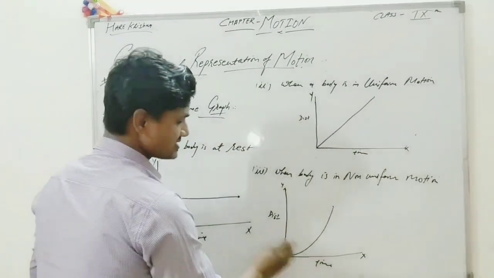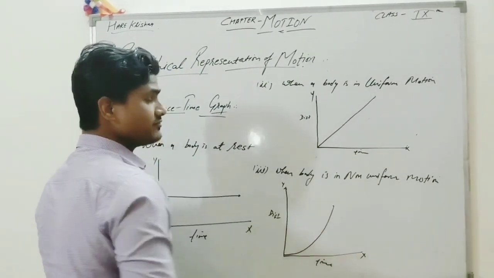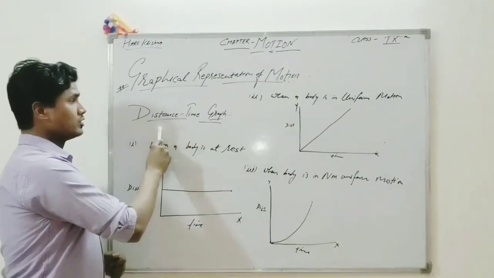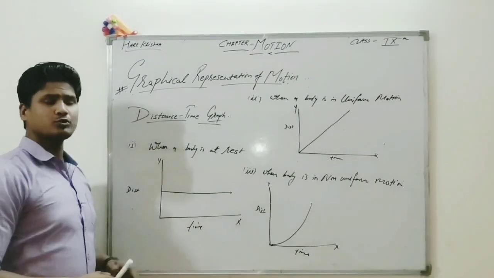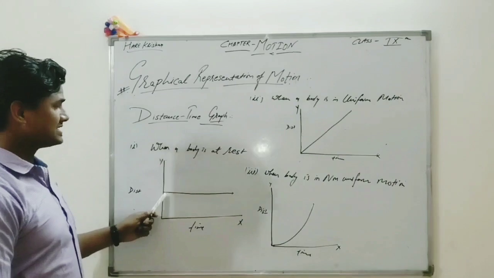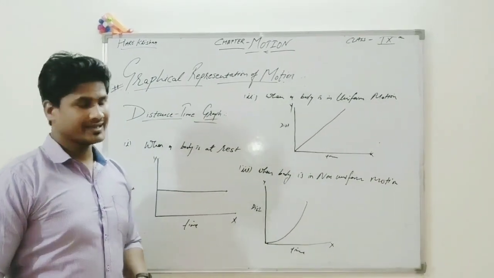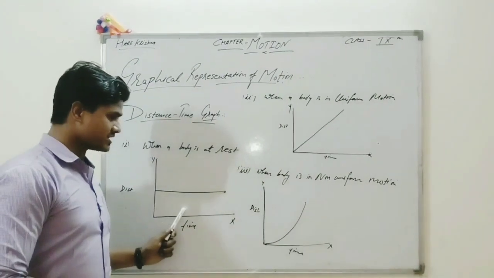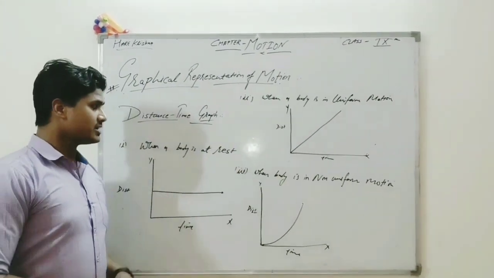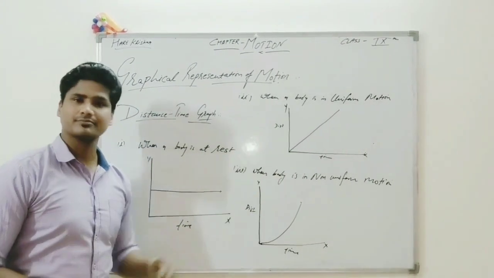The graph between distance and time is a curved line. For the distance time graph, two points to be remembered are: first, these graphs are never parallel to the y-axis, and second, they are always positive because they are always increasing, not decreasing.